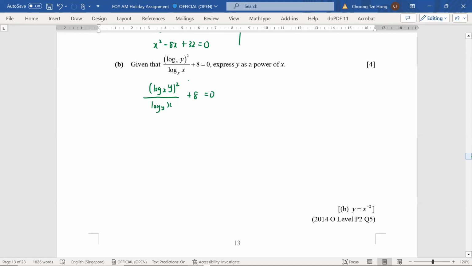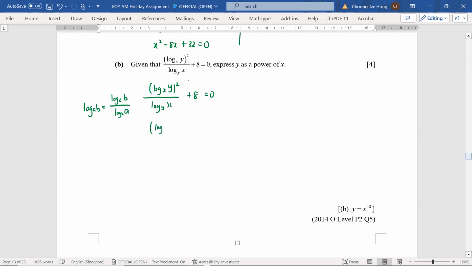Okay, so if you recall change of base, let's say you have log base A of B, and we want to change it to base C. So it will become log base C of B over log base C of A. Right, so this is how we change our base. So we're going to change the base at the bottom to base x.